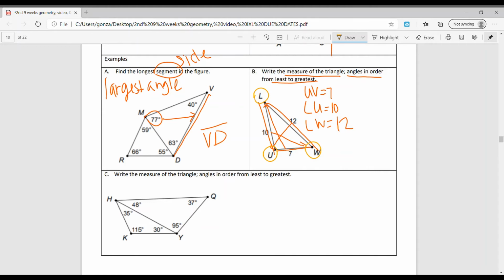Since 7 is the smallest size, angle L is less than the next size, which is angle W, which is less than angle U, because U is opposite the longest length.